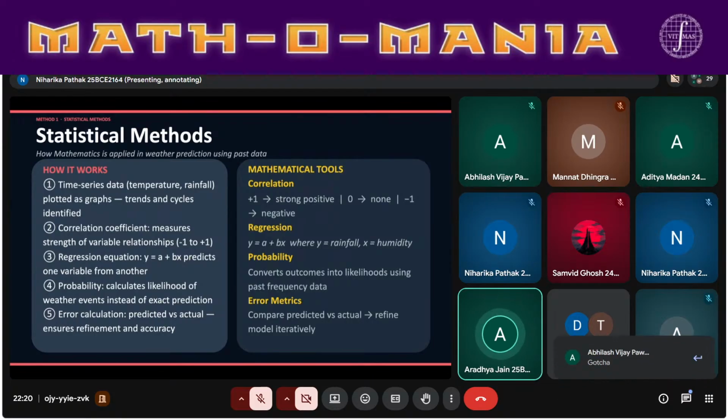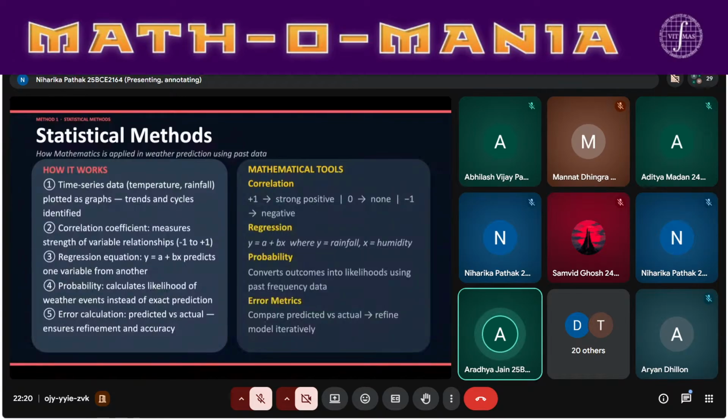What is regression? Regression is the equation we use. So let's say we create an equation between rainfall and humidity, which we took earlier. And for example, okay, it's not as simple as it shows: y = a + bx, where a and b are just arbitrary constants.